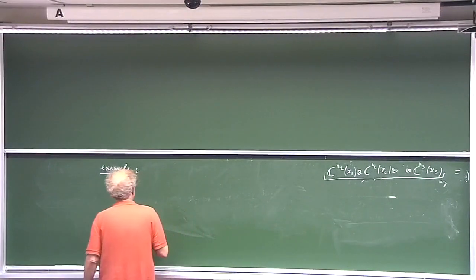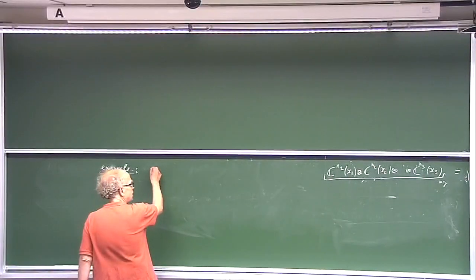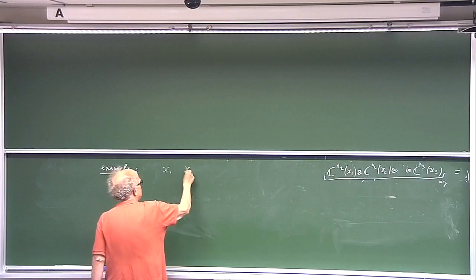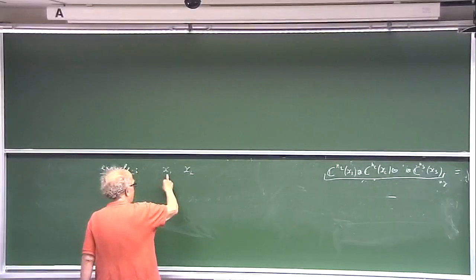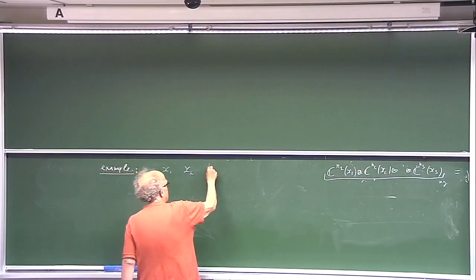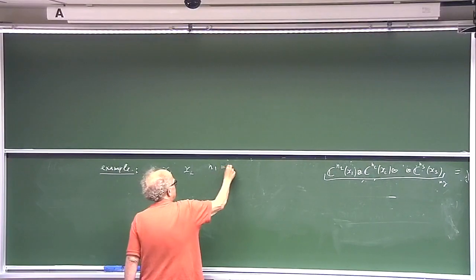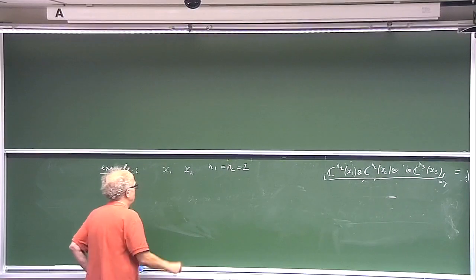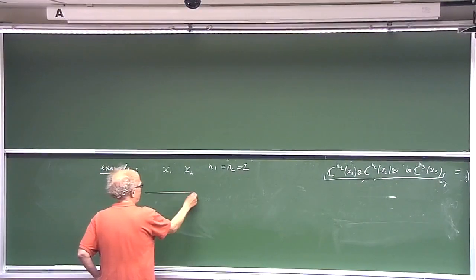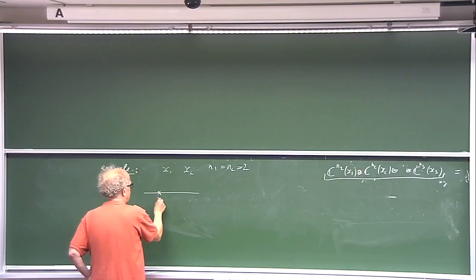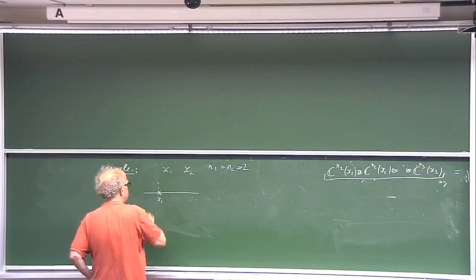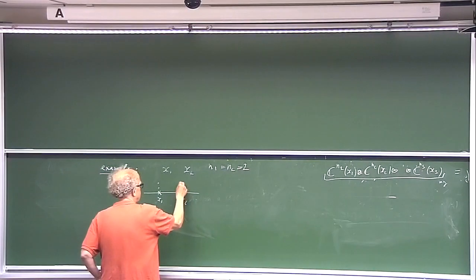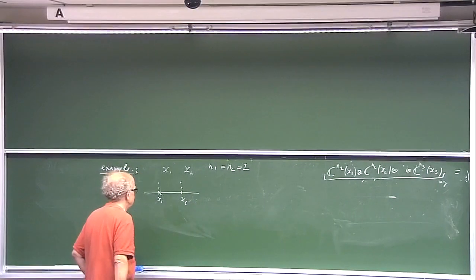But the example is the following. So suppose we take 2 points, x1 and x2, with the parameters equal to 1 and 2. So what does it mean? I have an abelian algebra. In x1 sits a 2-dimensional representation. In x2 sits also a 2-dimensional representation.